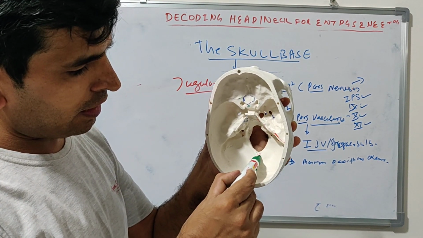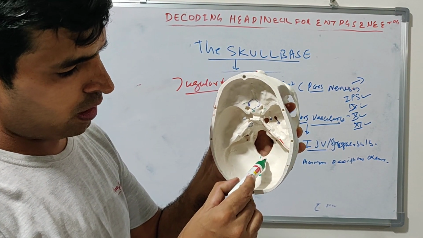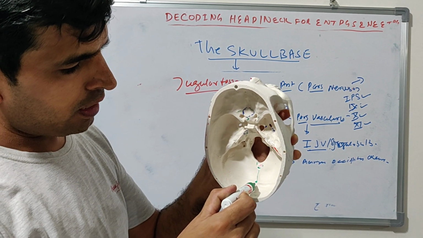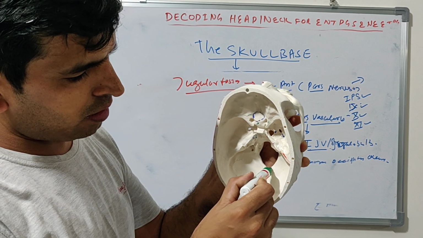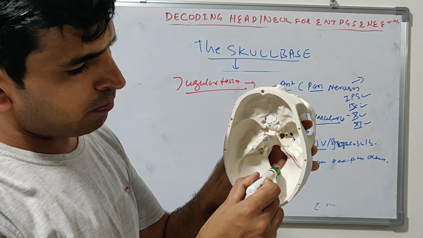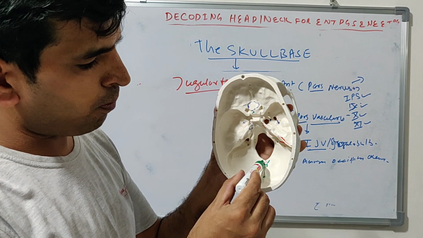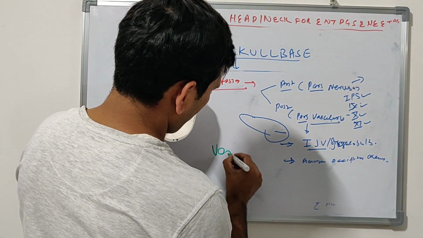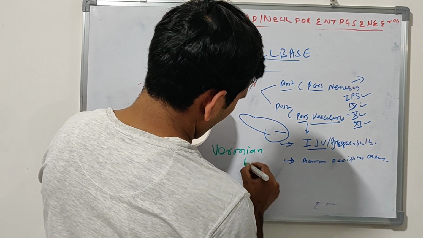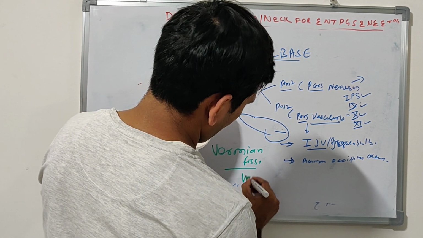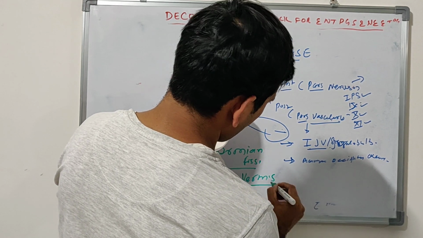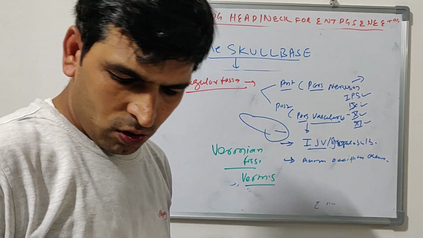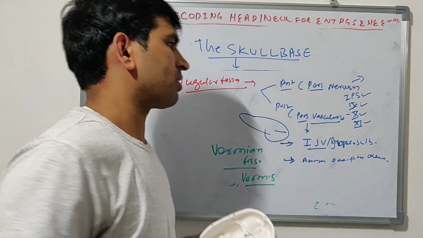The internal occipital crest divides again just above the foramen magnum, forming one triangular area called the vermian fossa, where the vermis of the cerebellum is situated. This is all about the endocranial skull base.